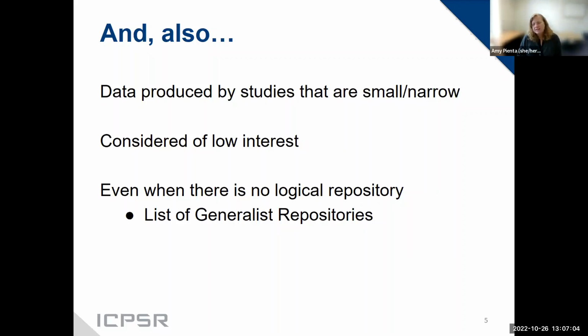Justifications about the interest in sharing data would also not be applicable. So even if something was of potentially low interest to the broader community, it's still important to share from a replication or transparency point of view. And even when there is no logical repository for those data. And to that end, NIH has produced a list of generalist repositories to catch the data that don't necessarily have a domain repository home, like ICPSR.